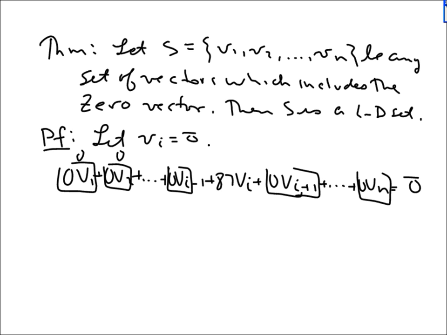These are all 0 vectors, including the ones in here. You have many 0 vectors, and when you add them all up, you get the 0 vector.